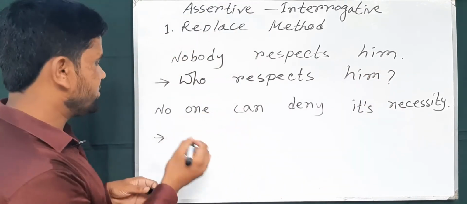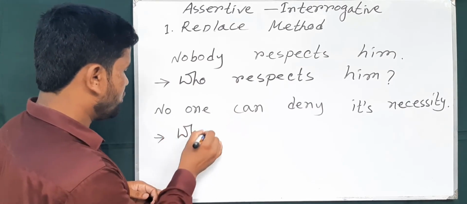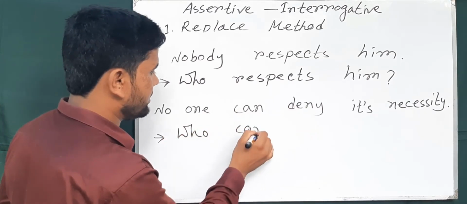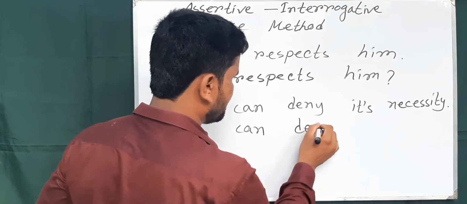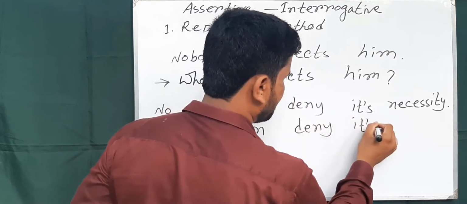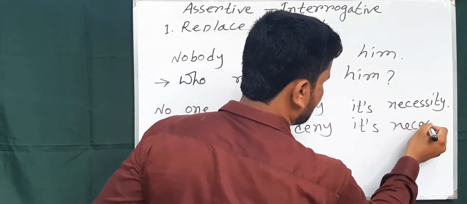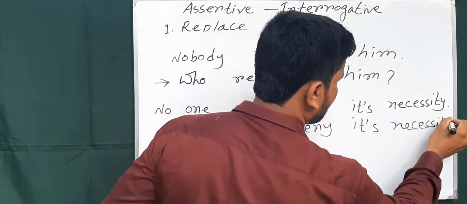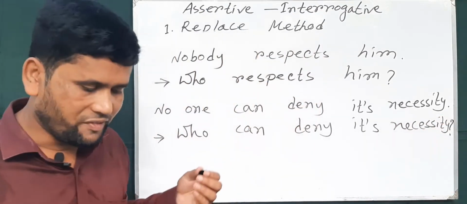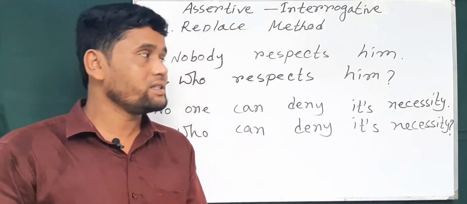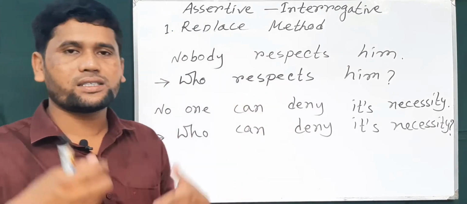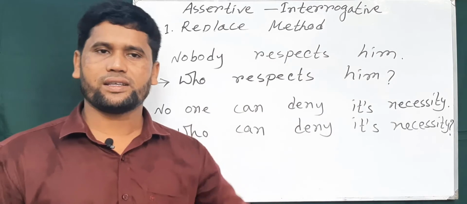Here like this you can use who and then other parts of sentence. So it's very simple. This is the replacing method, we just use one word instead of other words.